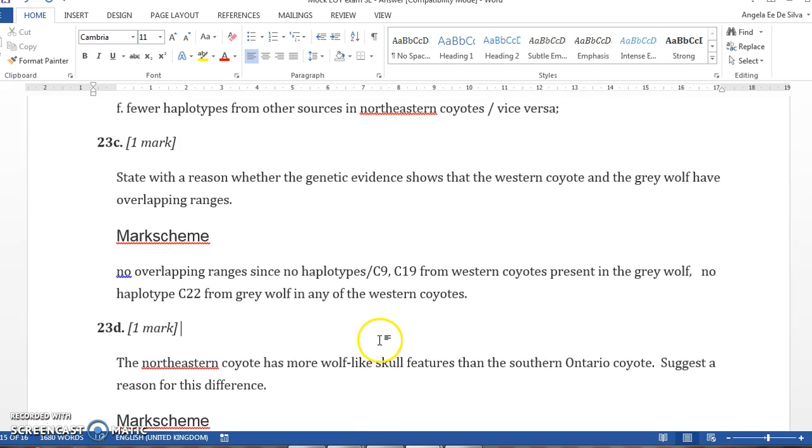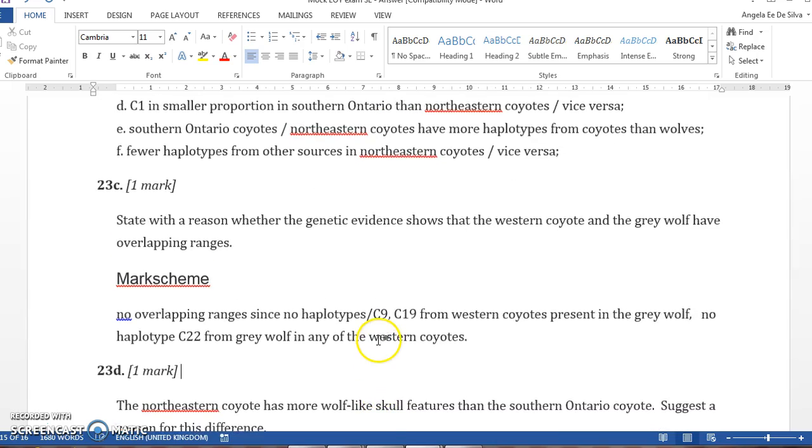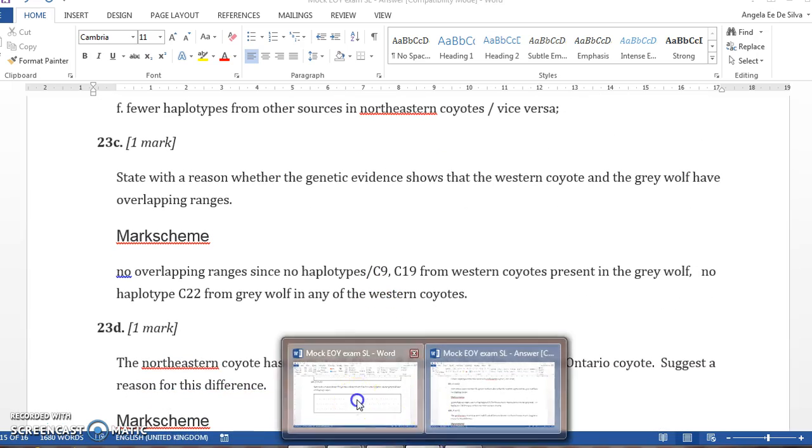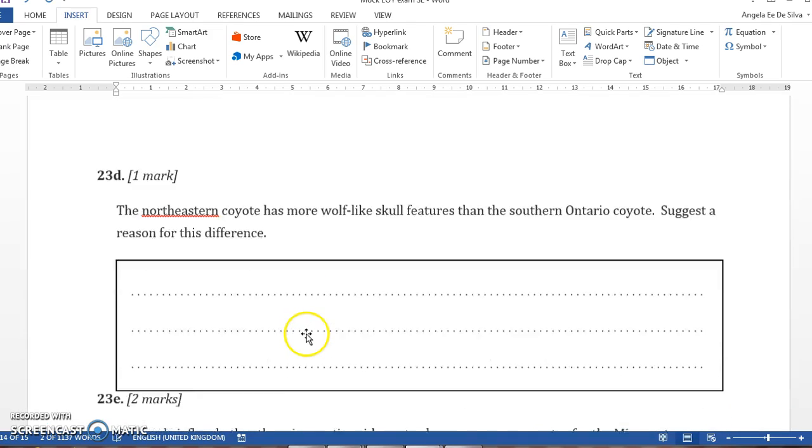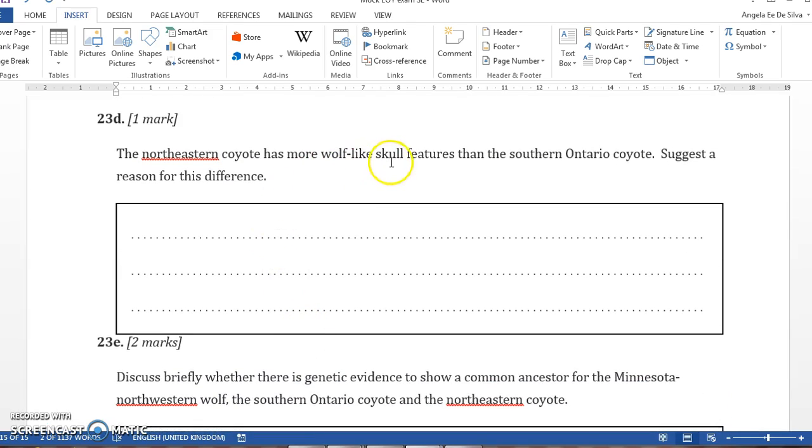All right. Now the next question: the northeastern coyote has more wolf-like skull features than the southern Ontario coyote. Suggest a reason for this difference. So northeastern has got more of a wolf-like skull. Let's have a look.